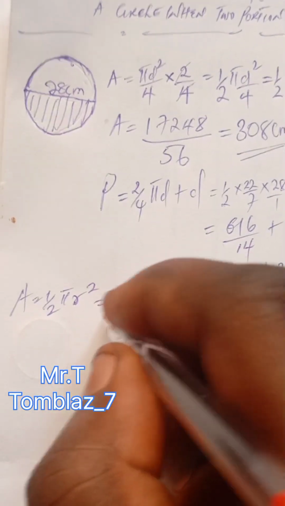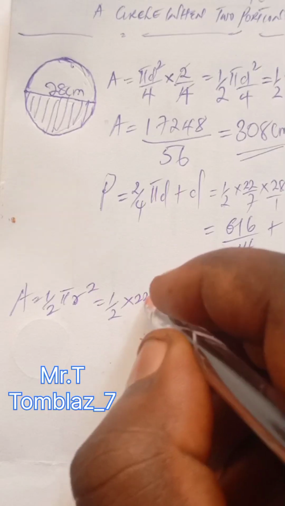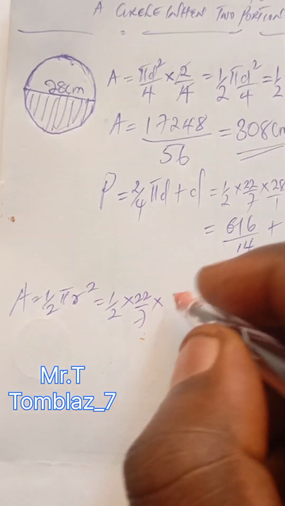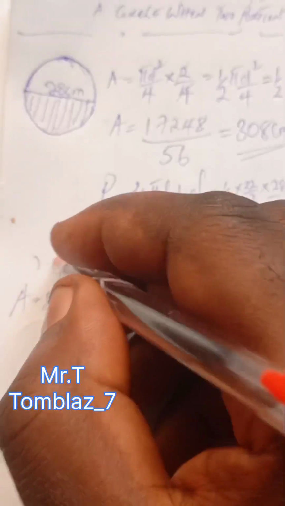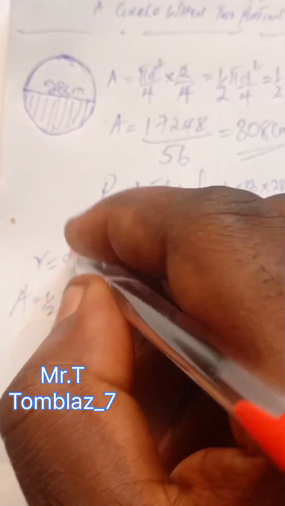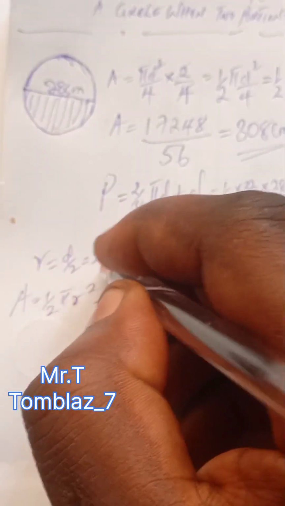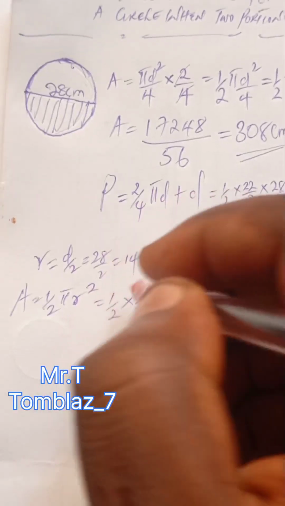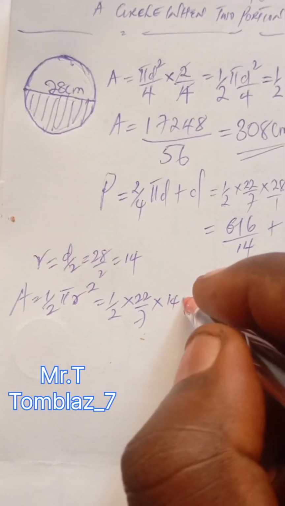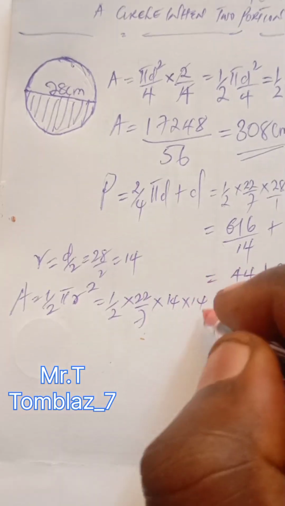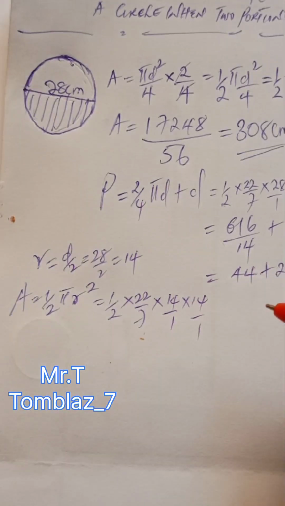So we have 1 over 2 times 22 over 7 times, since the diameter is given, our radius will be d divided by 2, which is 28 divided by 2, giving 14. So we can now have 14 times 14 over 1.